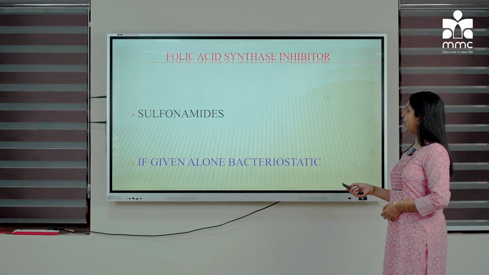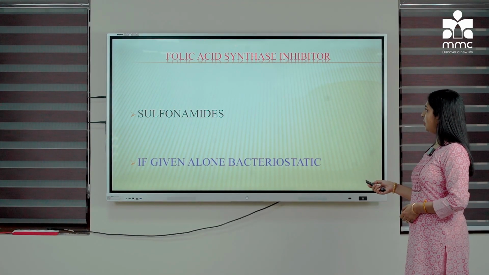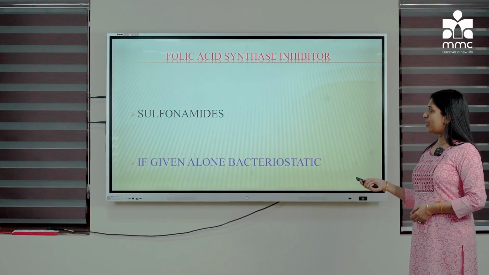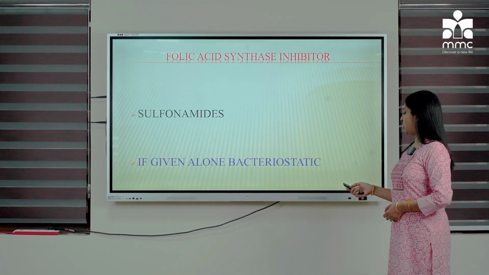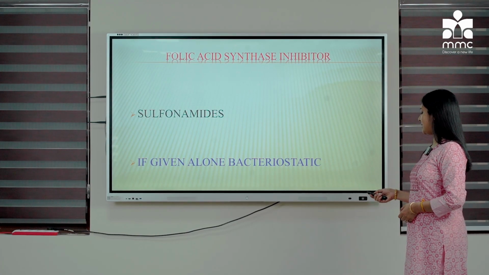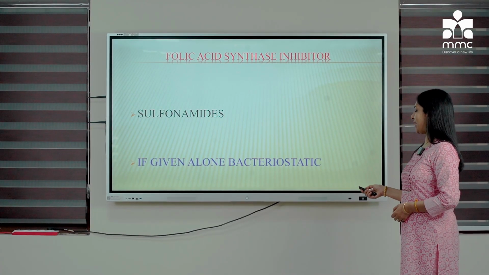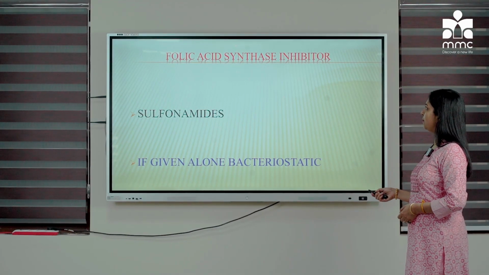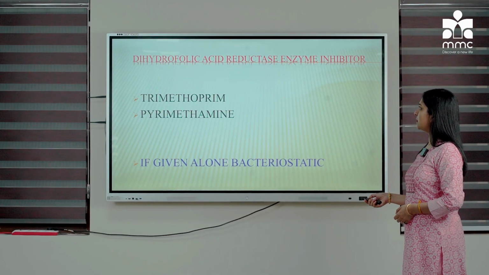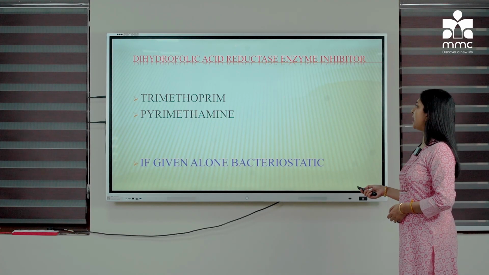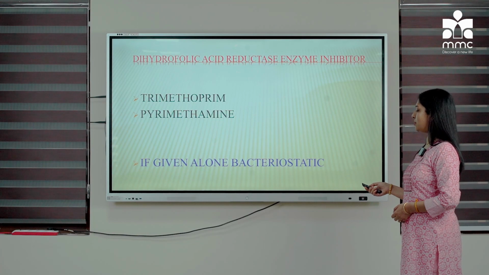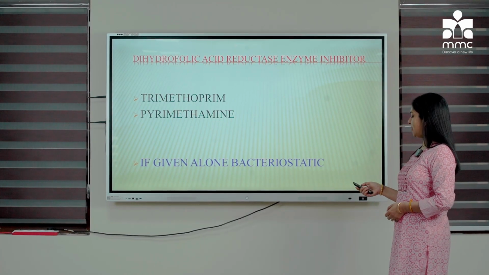Coming to the folic acid synthase inhibitors, here we are discussing the drugs, especially sulfonamides. If given alone, they have bacteriostatic activity. Bacteriostatic means it will prevent the growth of bacteria. Then the dihydrofolic acid reductase enzyme inhibitors, the enzyme responsible for folic acid synthesis.